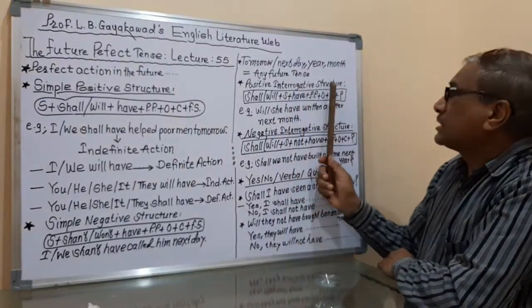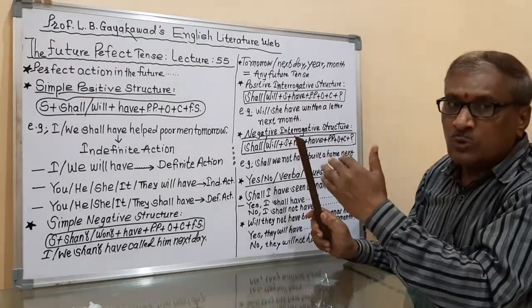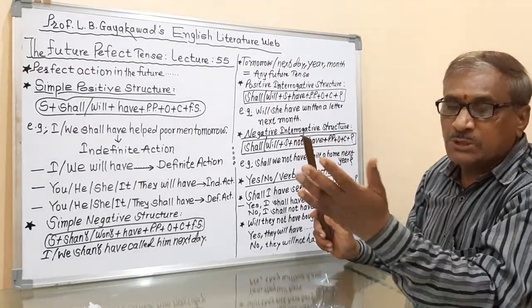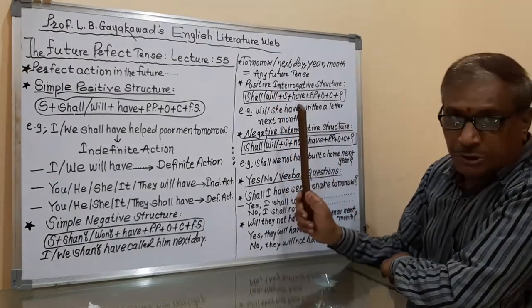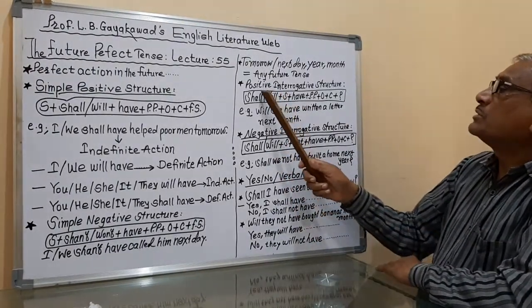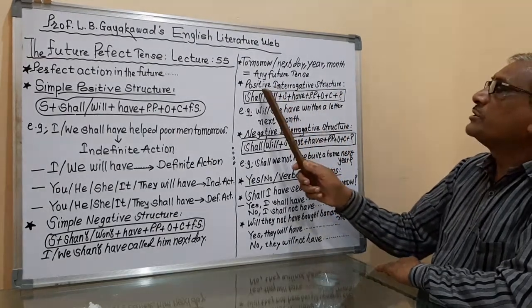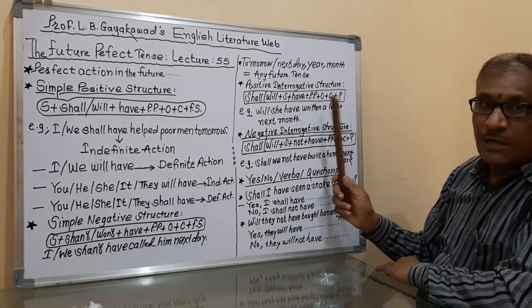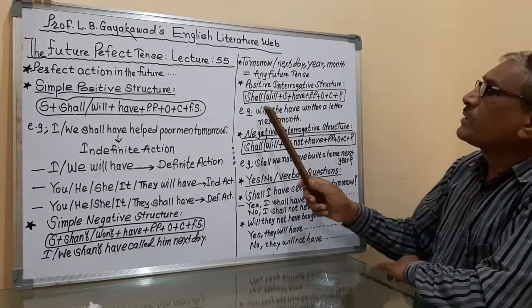And now the positive interrogative structure. It means that when we want to ask a question to the person who is before us, then we can ask that question with the help of the positive interrogative structure. So that's why this positive interrogative structure is used. So what is the positive interrogative structure?